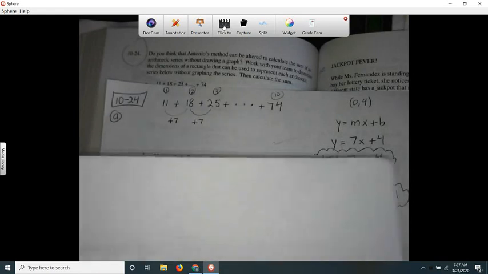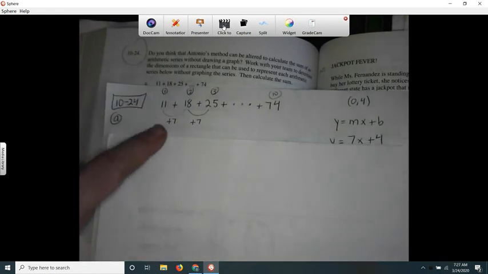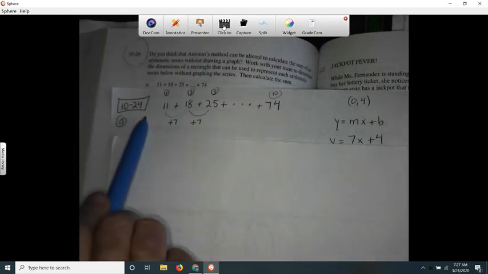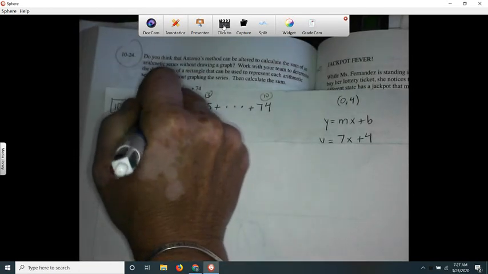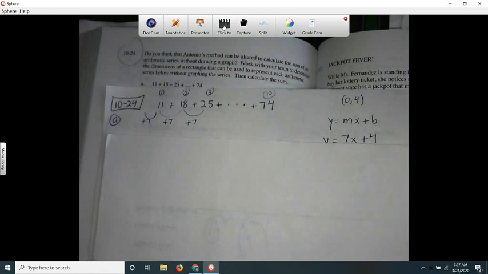But if you wanted to go a little bit faster, then you could remember that since it's adding the same amount each time, it's linear. So you can think about y equals mx plus b. And then to figure out b, you can count backwards by 7. So if I count backwards by 7, then I would get 4.